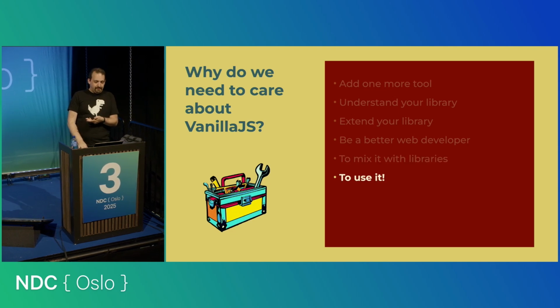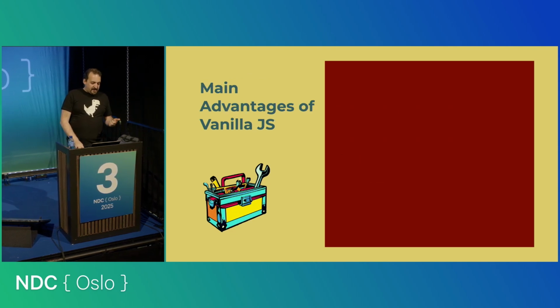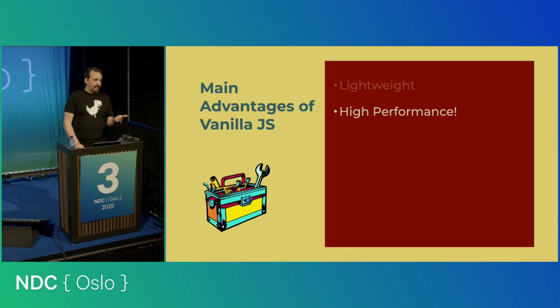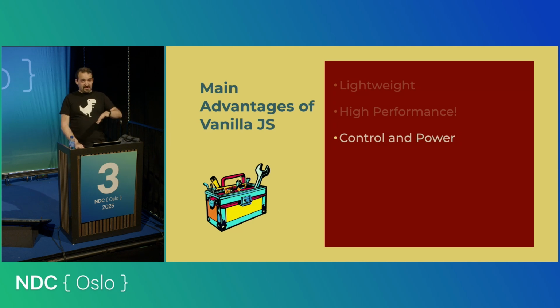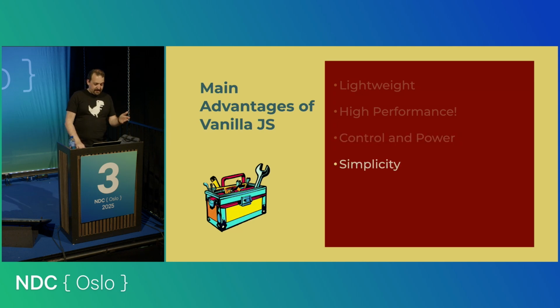So to use it. Main advantages of vanilla JavaScript: lightweight, high performance. This is one of the most important ones. Many of the most high performance websites out there are just plain web technologies. Control and power. You have full control and power of what you're doing. That's also a challenge. Simplicity. Okay, you are not adding a lot of complexity.